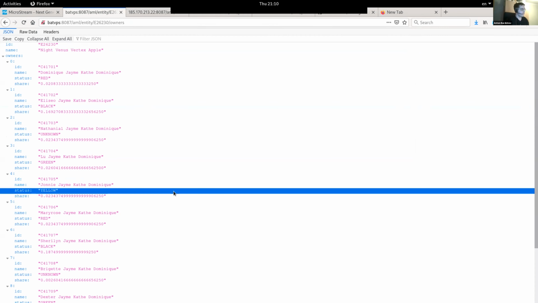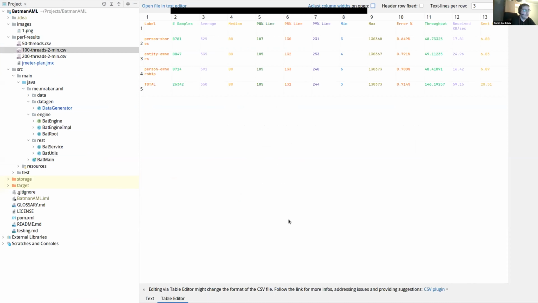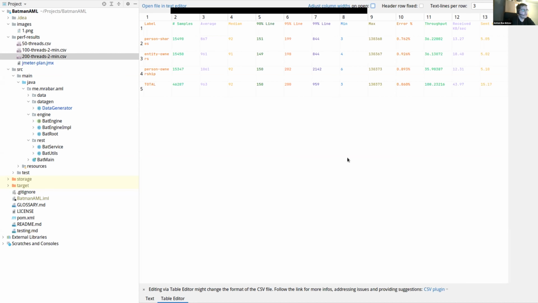I launched JMeter tests for a few minutes, and the results were actually pretty decent for no optimizations, for nothing. So 99% of requests are answered in 240 milliseconds. For a bank, it's like the speed of sound. With 200 users connecting at the same time, it's a little bit worse, still under 1 second mostly.